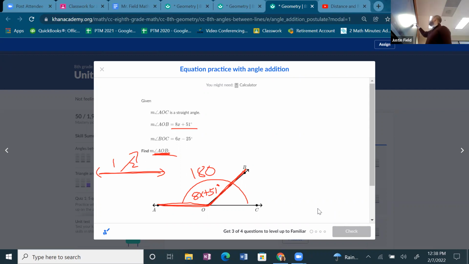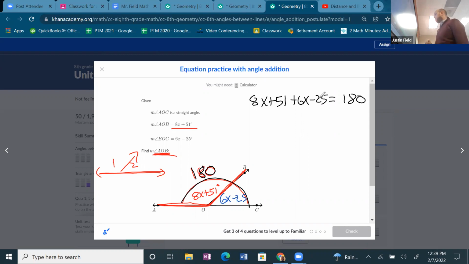We also know that BOC is 6x minus 25. And like I said, we know the whole thing is 180. What we're going to do is write an equation: the two parts, 8x plus 51 plus 6x minus 25 equals 180.